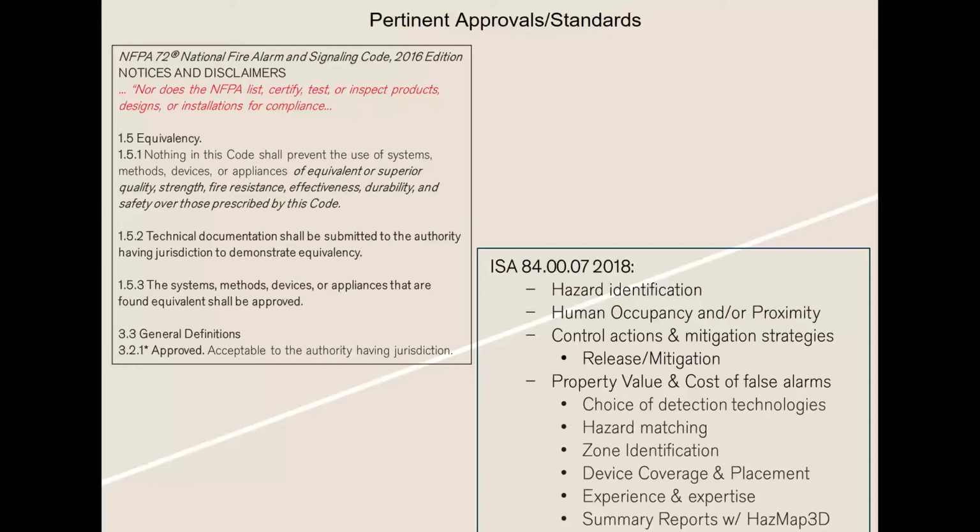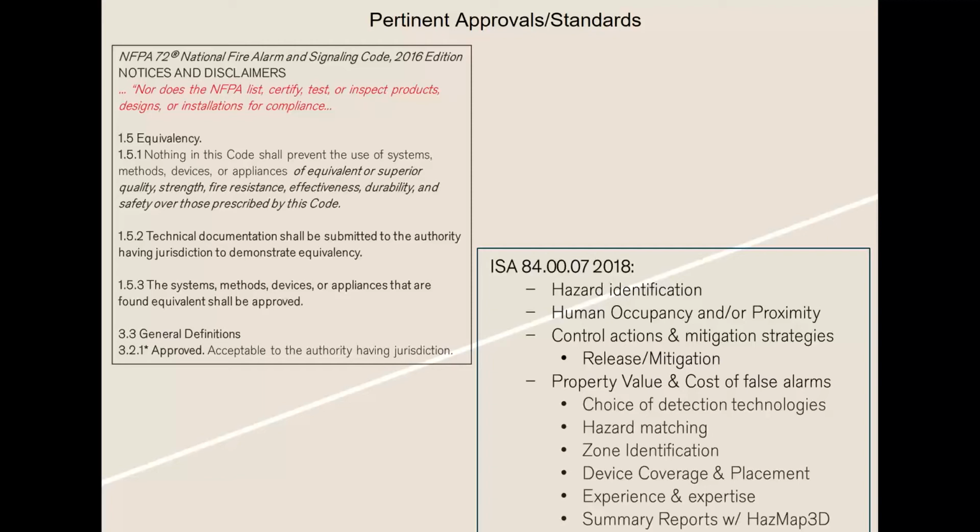So NFPA 72 at the end of it has to be approved by the authority having jurisdiction. That authority having jurisdiction could be a fire marshal, or in a larger company, it could be someone within the company that has that jurisdiction. So NFPA 72 is not a standard. You just have to meet certain rules and regulations from the authority having jurisdiction.